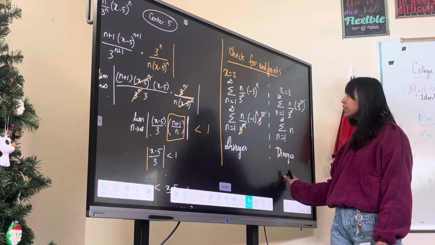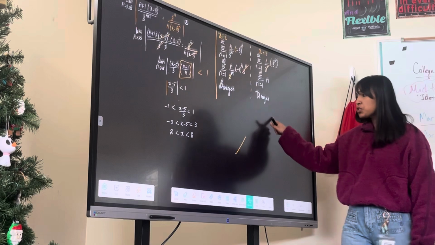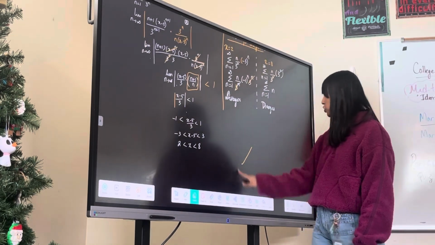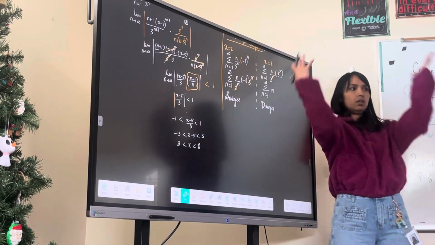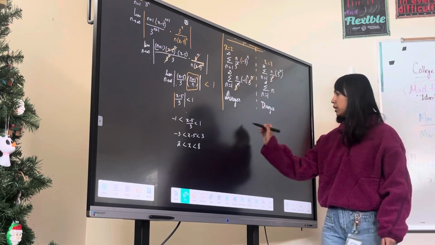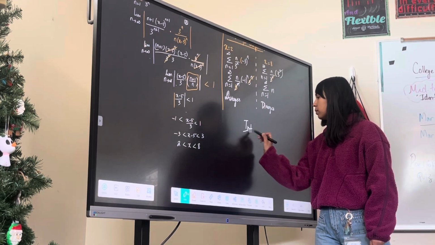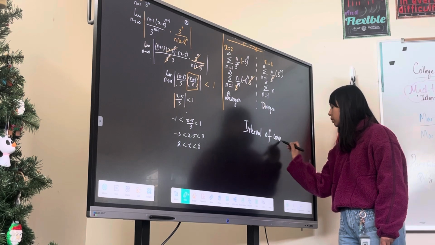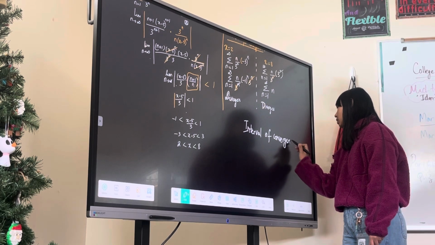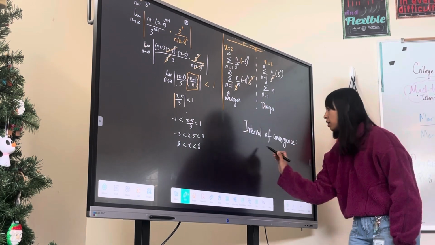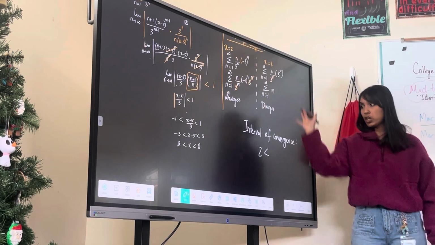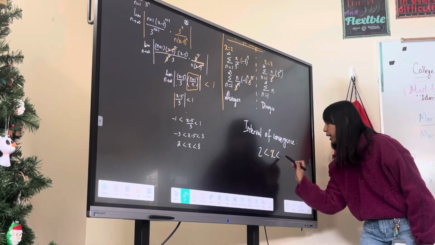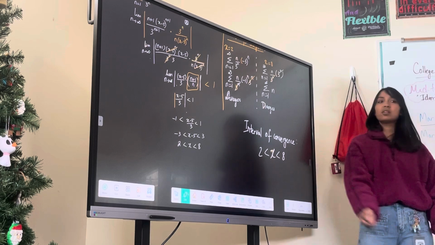So I would like you to circle or summarize your answer and write interval of convergence is this, because you did all the tests and checks, and we finally decided that this is the interval of convergence.